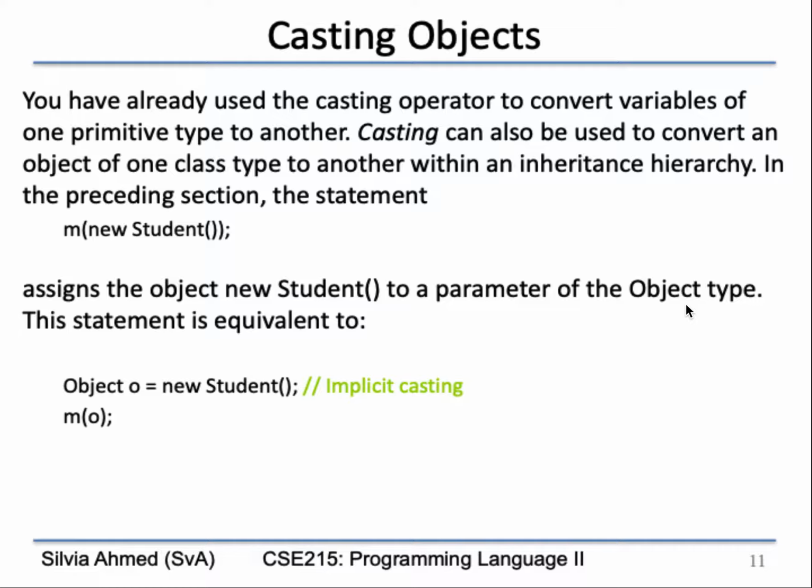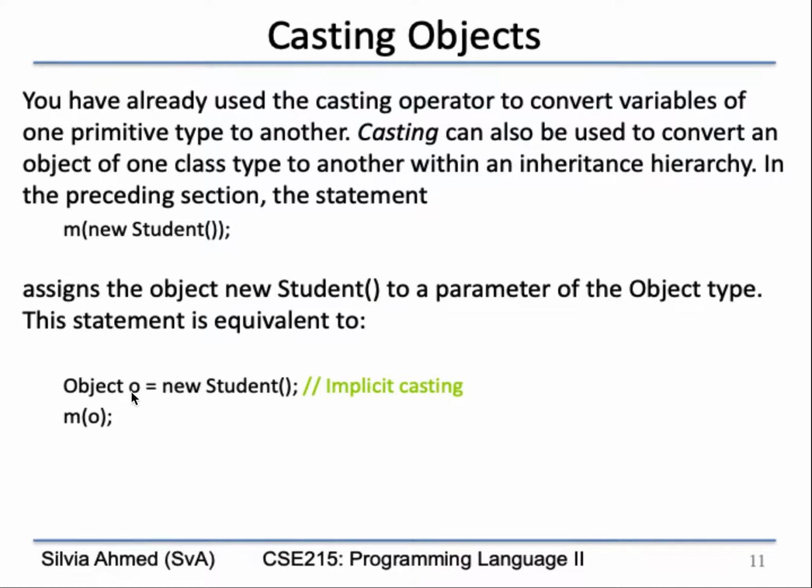Equivalently, first we create this new student, and then assign it to the object type O. In this line, Object is the declared type of O and Student is the actual type of O. And we can do this because of polymorphism.